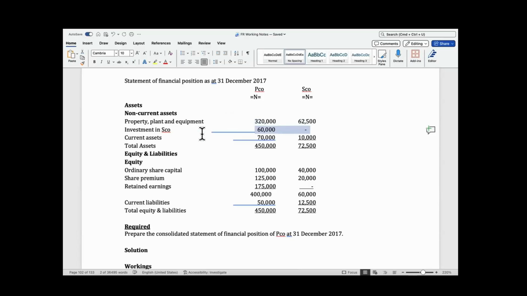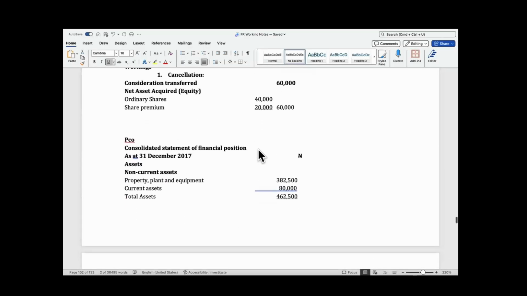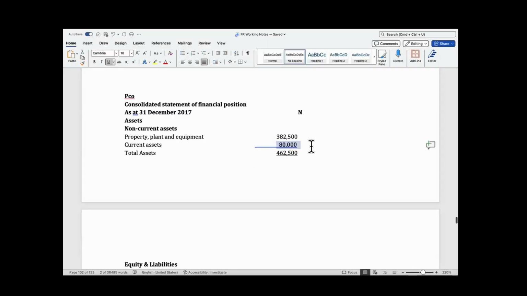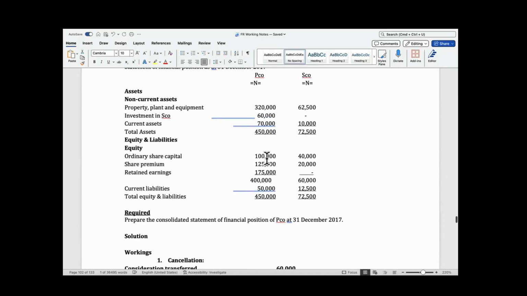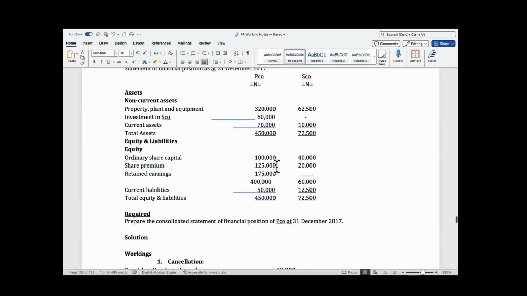There's no need to add. This current assets is the addition of this 70 and 100, which is 80. Then ordinary share capital, this 100 is just that of the parent because the subsidiary's has been cancelled out. The share premium is this because this has been cancelled out.